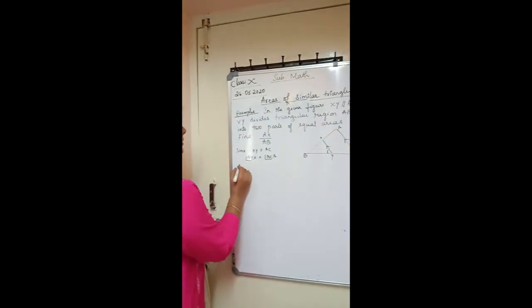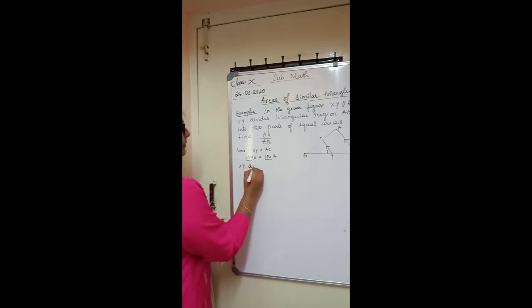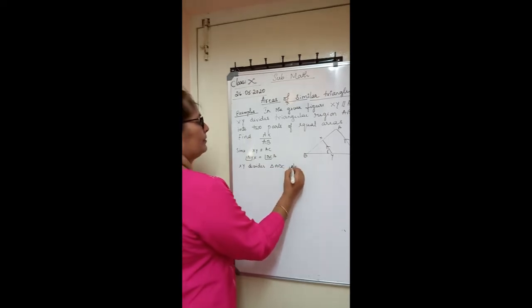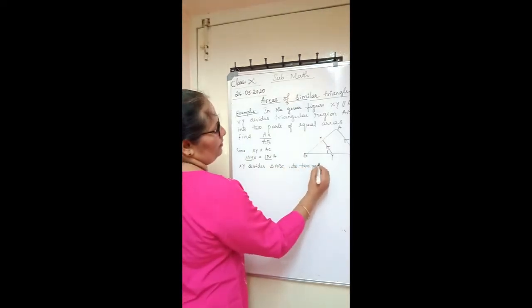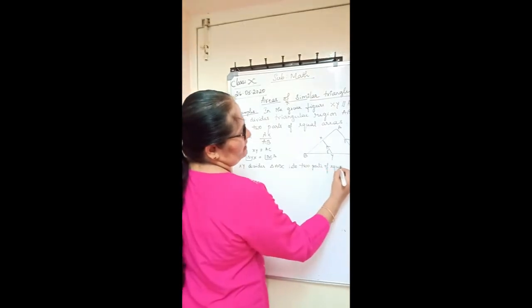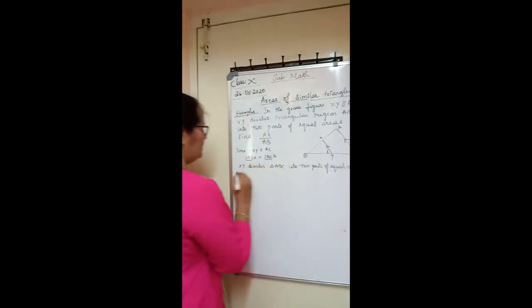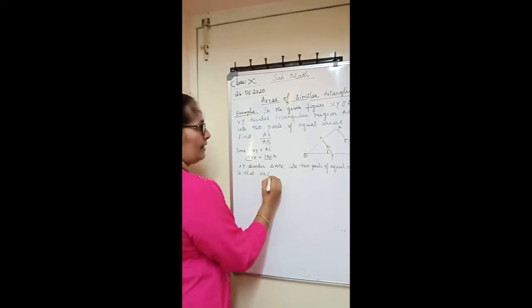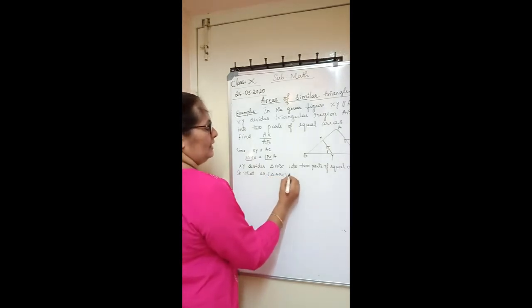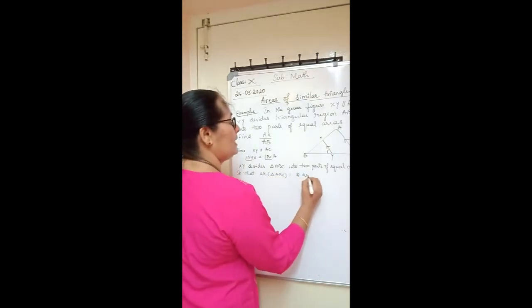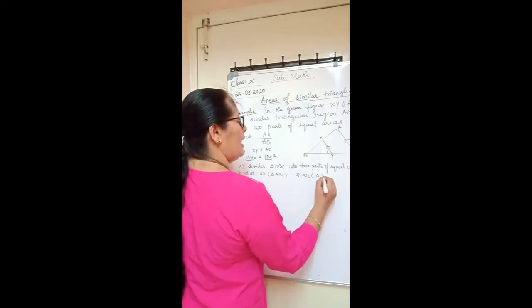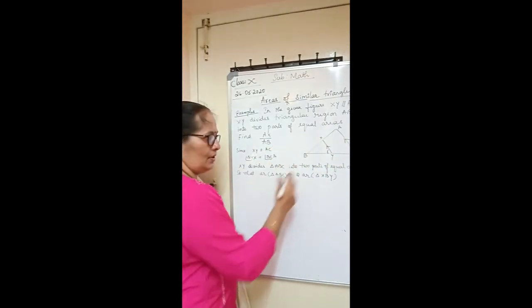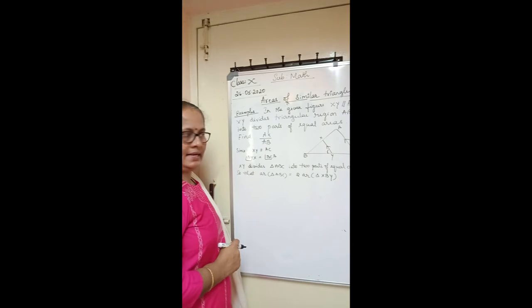That is, XY divides triangle ABC into two parts of equal areas, so that area of triangle ABC is equal to twice the area of triangle XBY.